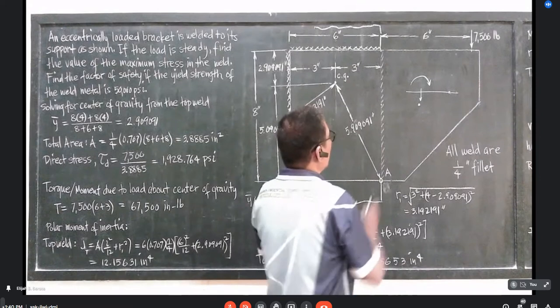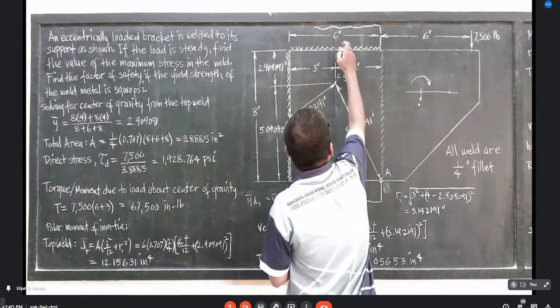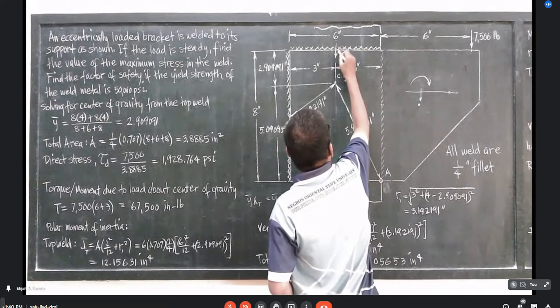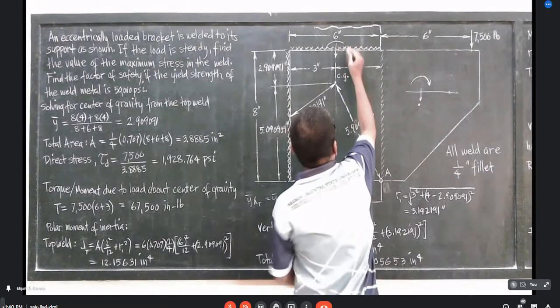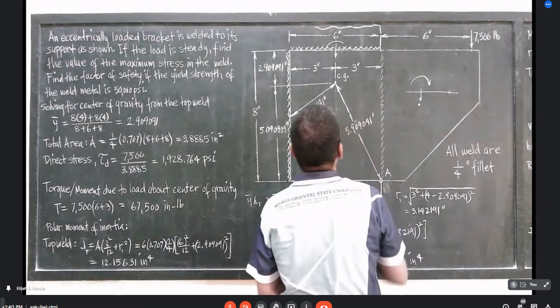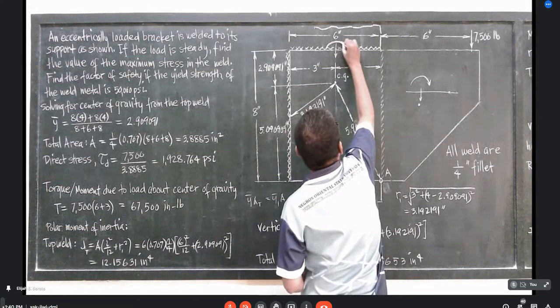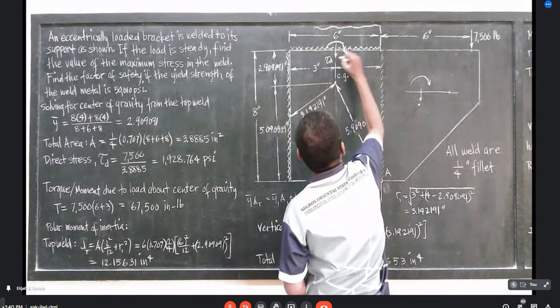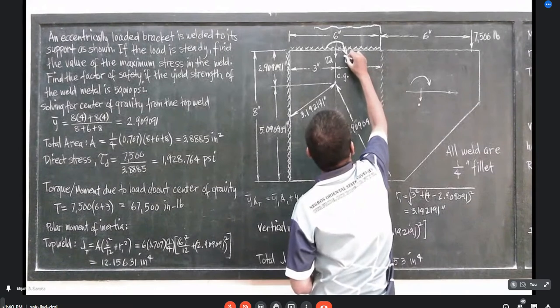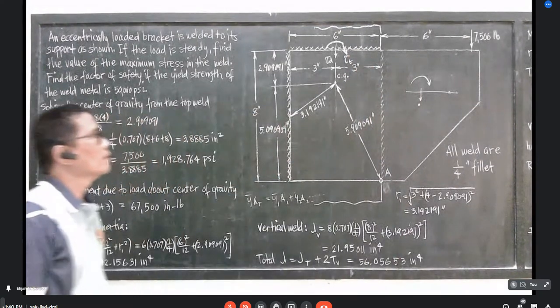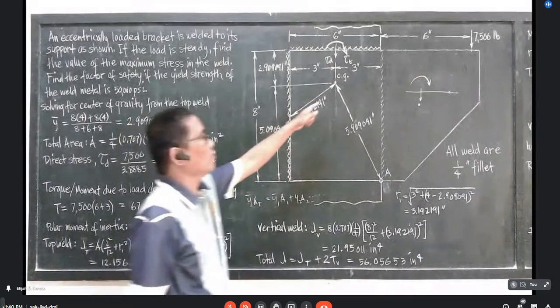It is difficult to draw, but this one is supposed to be here. We have a direct and a twisting acting on the center of gravity.